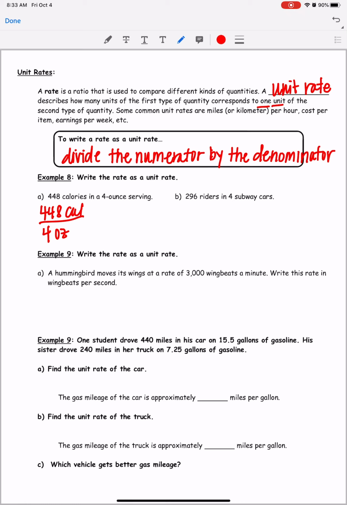So I am basically wanting to know how many calories are in just 1 ounce. So just divide in your calculator. 448 divided by 4 gets me to 112. So I have 112 calories per ounce.